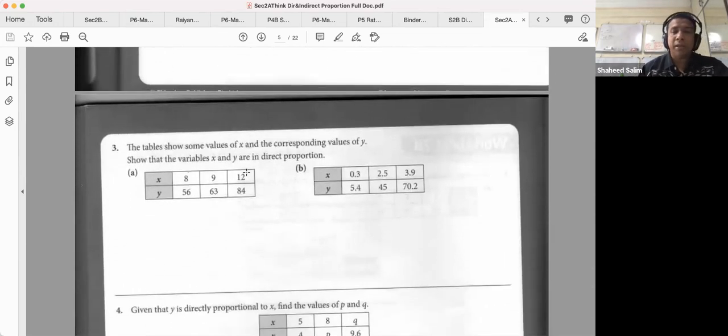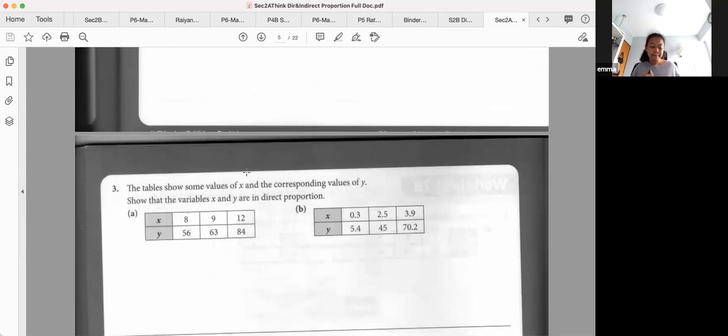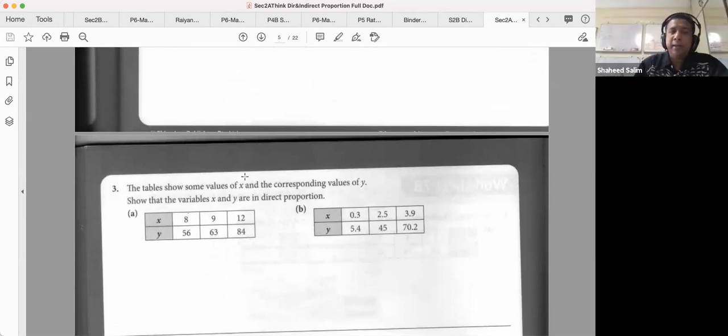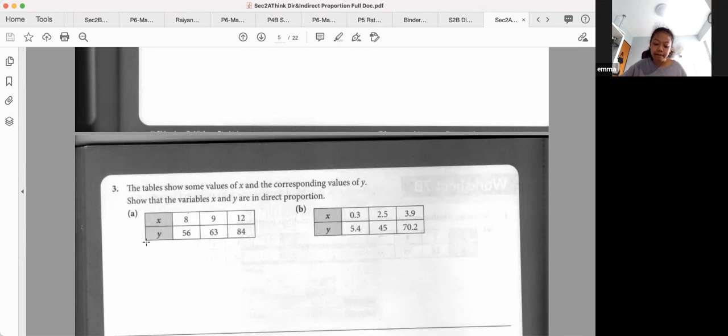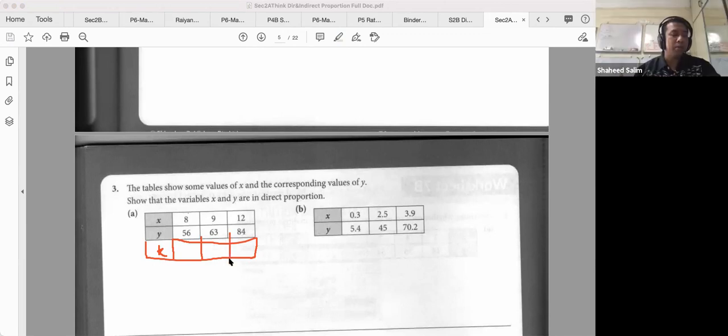Question number 3. They ask you to prove that both of them are in direct proportion. There is one test that you're supposed to do. This is the test of k. So can you check, is it in direct proportion or not? Yes, it is. Okay.